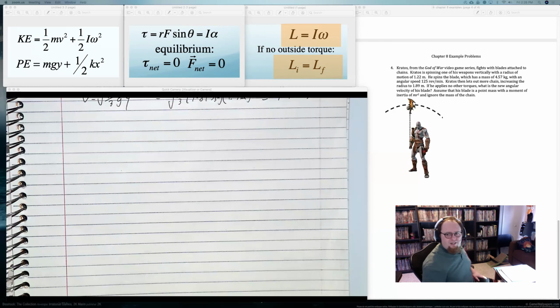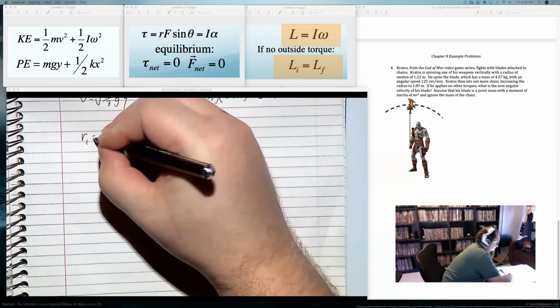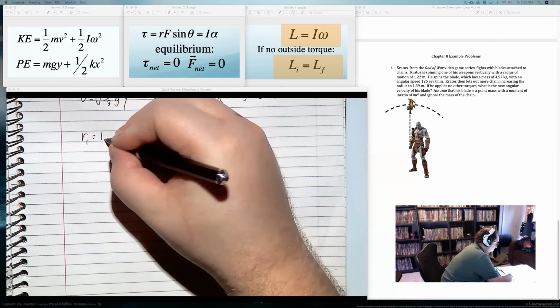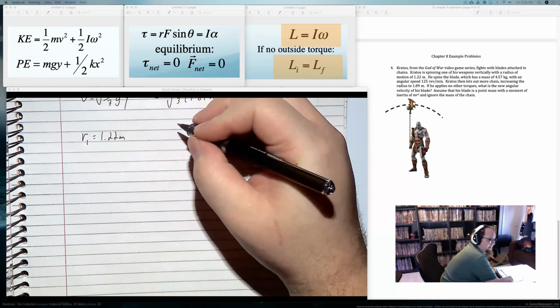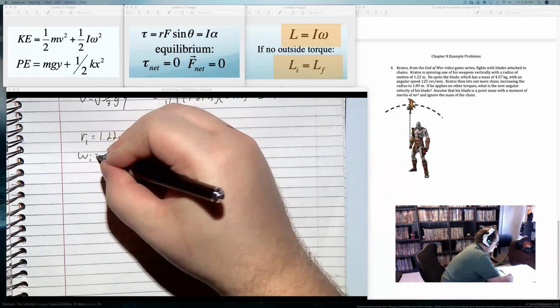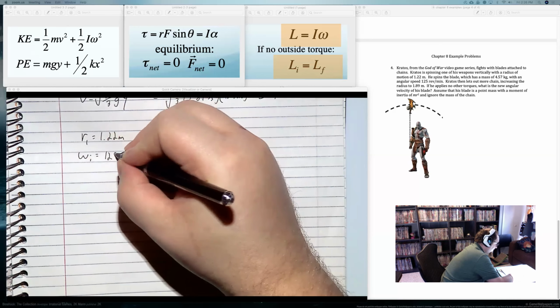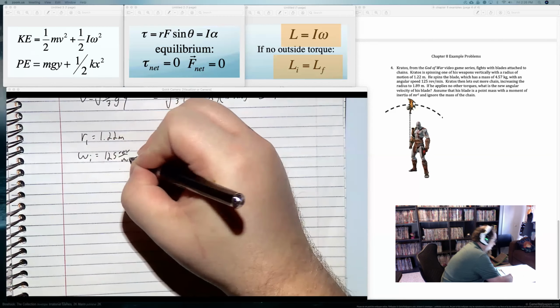But what I can say here is he is spinning this around with a radius of 1.22 meters, and he is spinning it with a speed of 125 revolutions per minute. Okay, I'm going to stop right there.